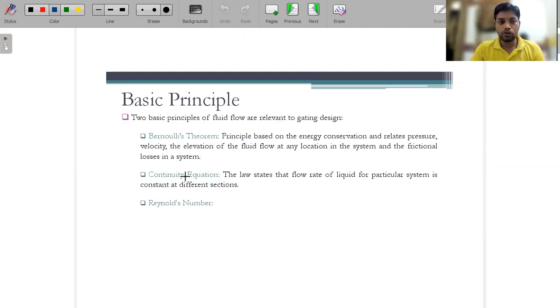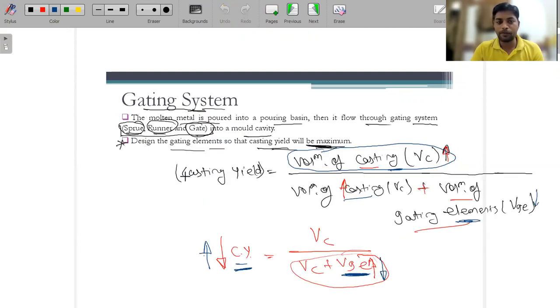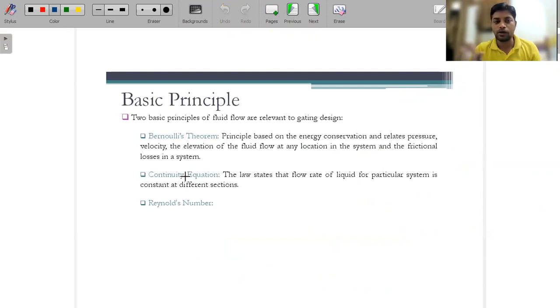Again, there are some basic principles that we have to keep in mind before designing the gating elements, because whatever calculation we do for the sprue and for the gate, we have to consider these principles.